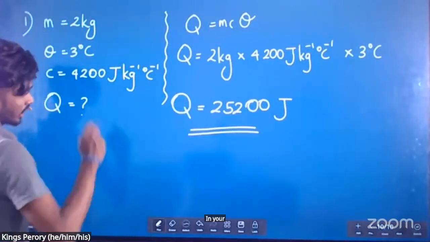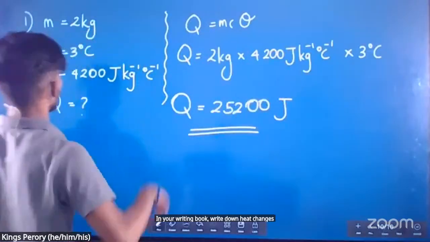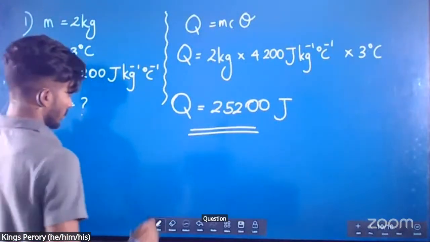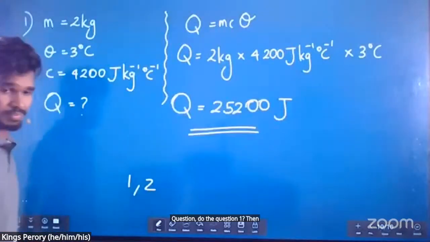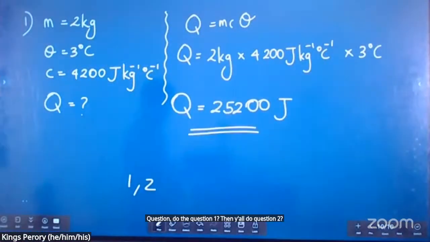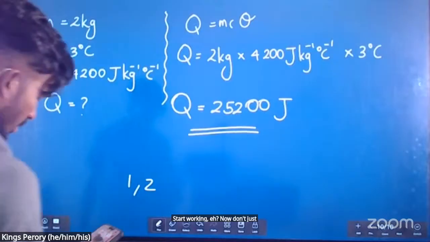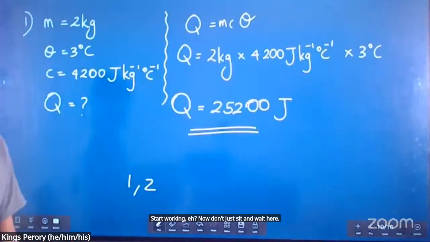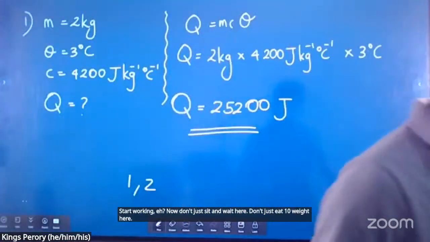In your writing book, write down heat changes associated with chemical reactions. Do question 1, then you all do question 2. Start working. Don't just sit and wait here. You all work. You all train your brain.